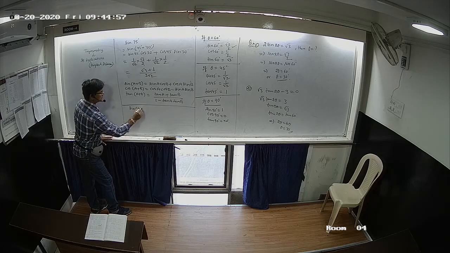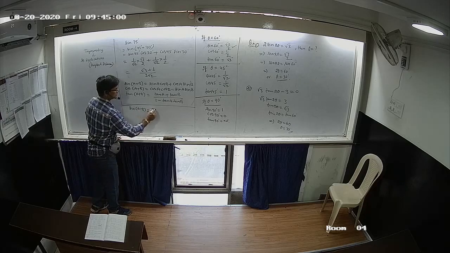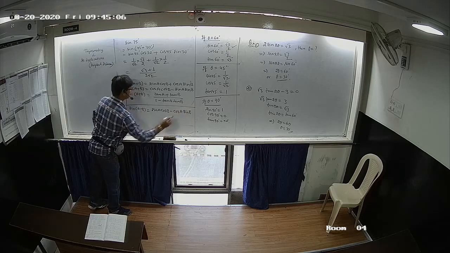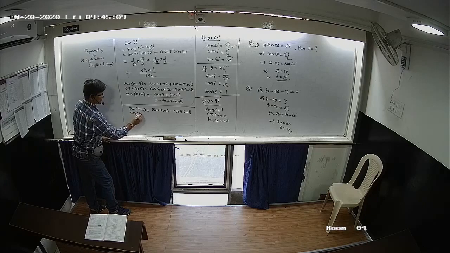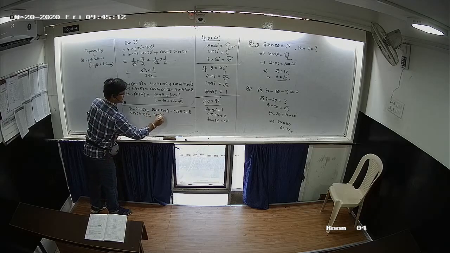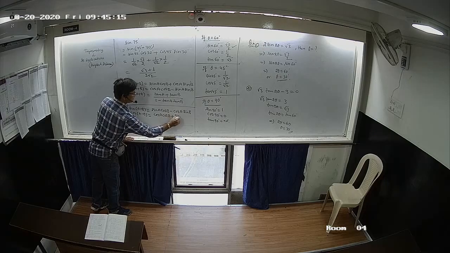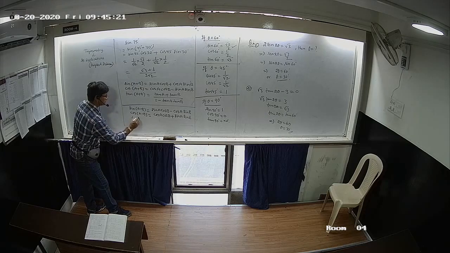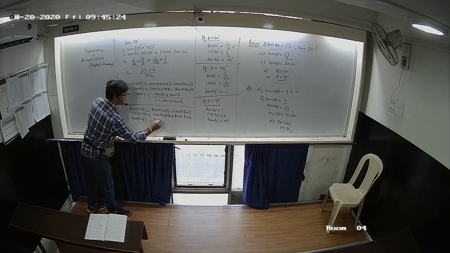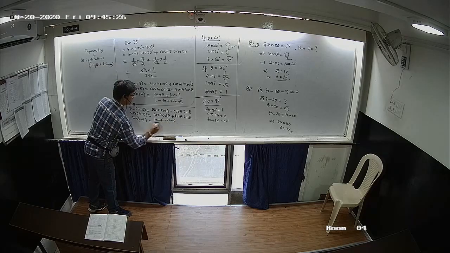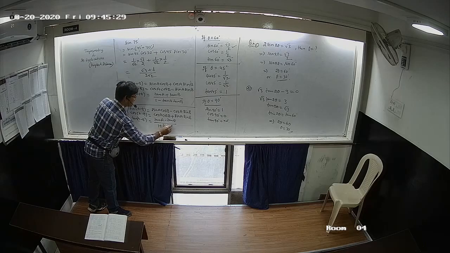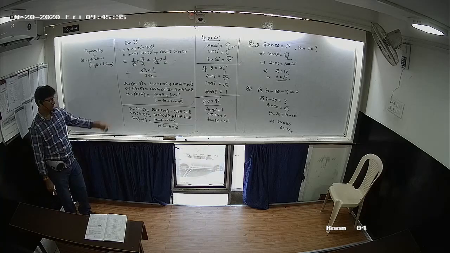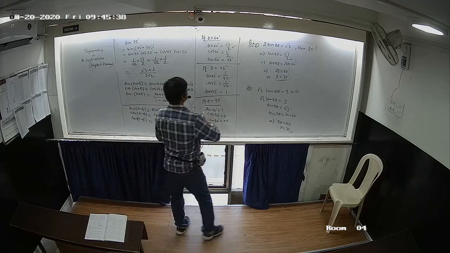Sin of A minus B is equal to sin A cos B minus cos A sin B. Cos of A minus B is cos A cos B plus sin A sin B. And tan of A minus B is tan A minus tan B by 1 plus tan A tan B. These are the formulae for the difference of the angles.